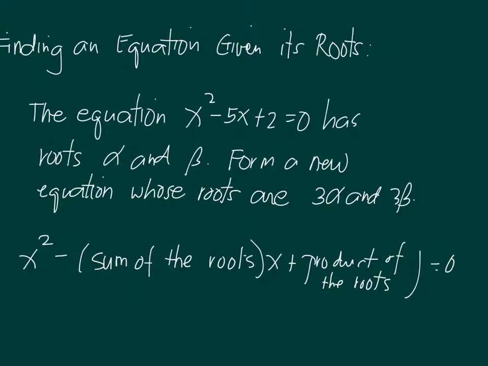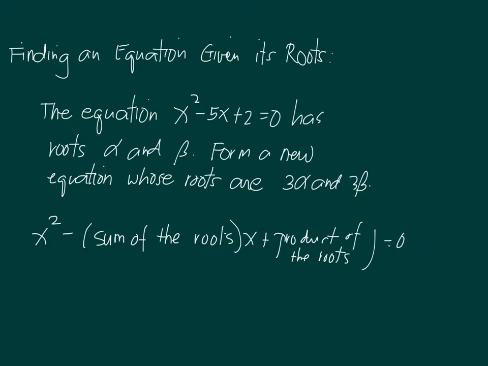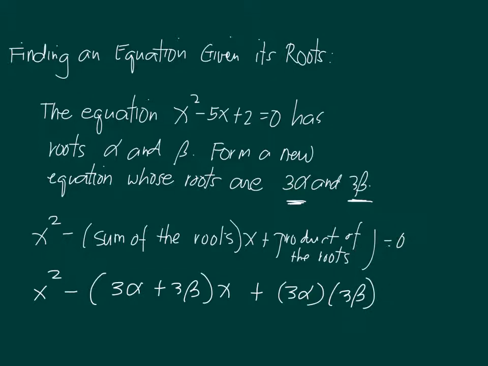So since the equation that we want to find has the roots 3 alpha and 3 beta, the equation that we need is x squared minus the sum, 3 alpha plus 3 beta, x plus the product of 3 alpha and 3 beta, equal to 0. Once we know these values, we will be able to find the equation.